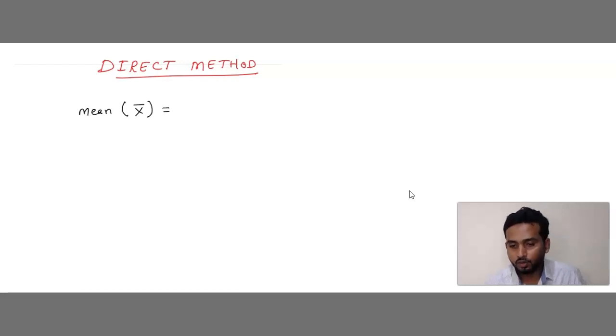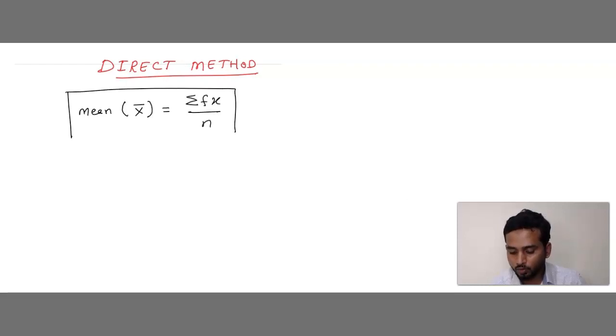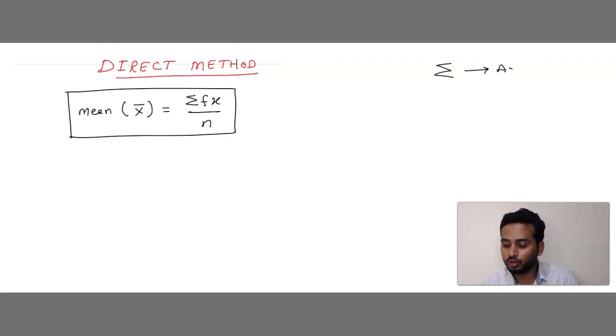We have the formula to find mean in the direct method, that is sigma fx by n. So this is the formula to find mean. But in our textbook they have given something different. It's not a different thing, it is the same. Sigma means addition. Remember, this symbol shows addition.